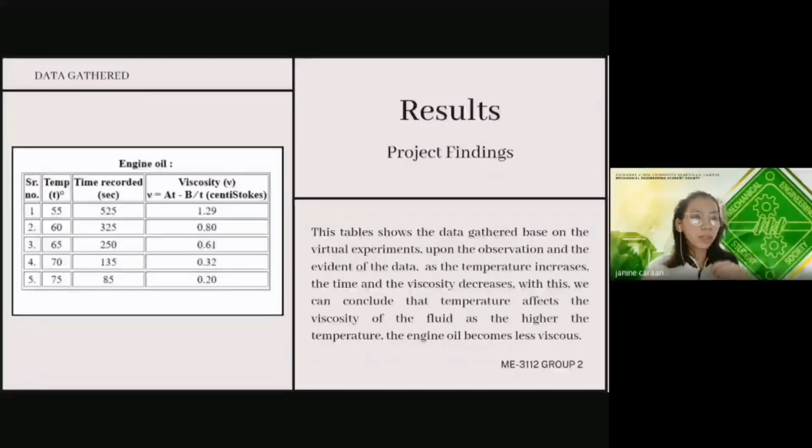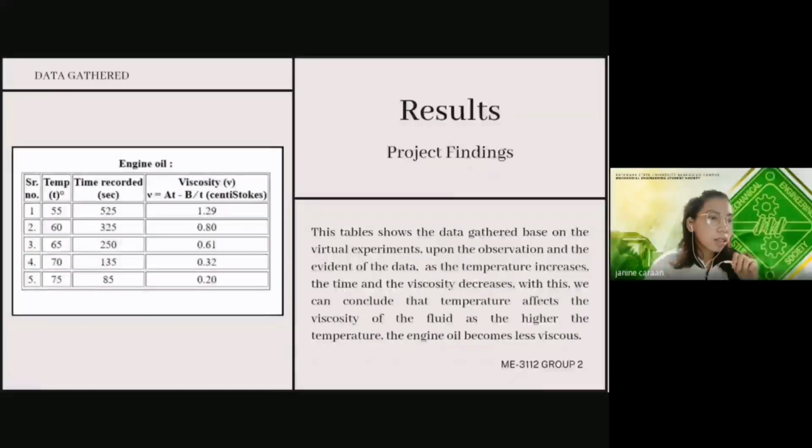The data gathered is at the 55 degree temperature. Time recorded is 525 seconds with a viscosity of 1.29 centistokes. At 60 degrees, the time recorded is 325 seconds with viscosity of 0.80 centistokes.